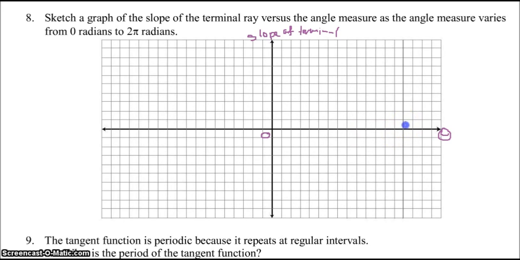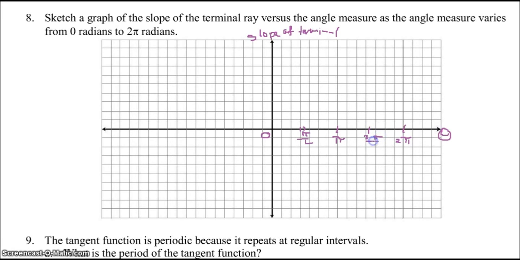So let's just put 2 pi right here. Here's pi in the middle. Pi over 2 would be about right here, and 3 pi over 2 about right here.